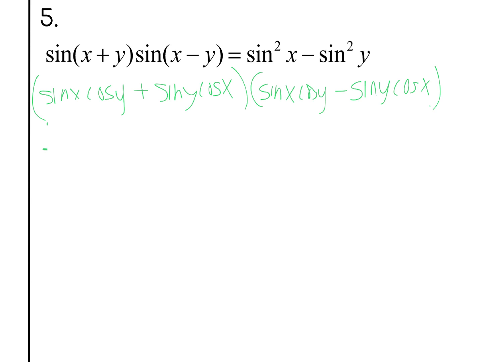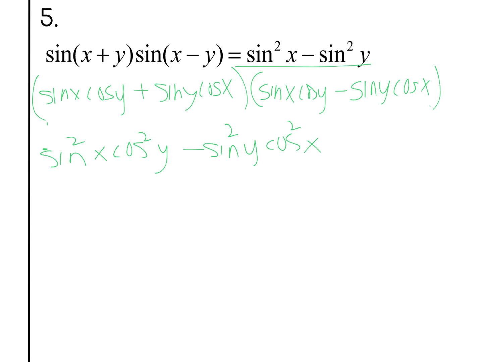Distribute that out, and that's going to be sine squared x cosine squared y. Middle part goes away, so minus sine squared y cosine squared x. So this tells me I want to get to there.